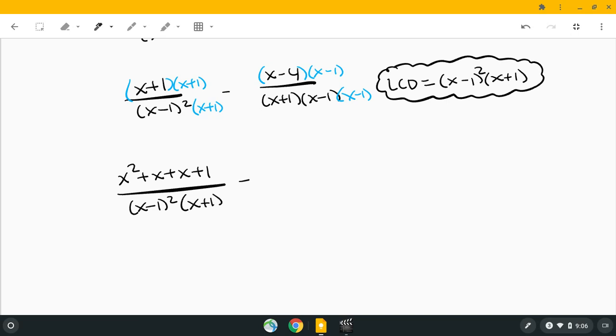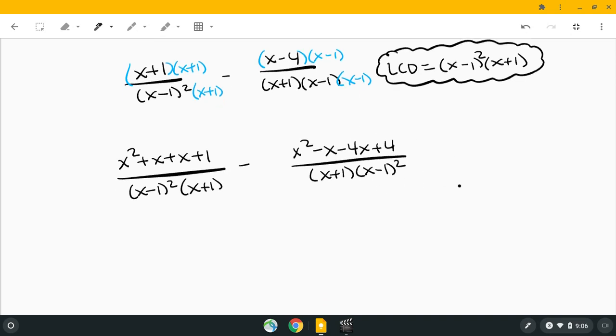And then over here, I get x squared minus x minus 4x plus 4. And down here, I'm going to use exponents to represent the x minus 1, x minus 1.